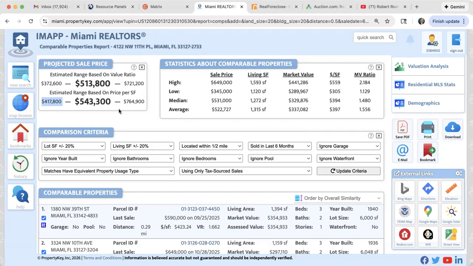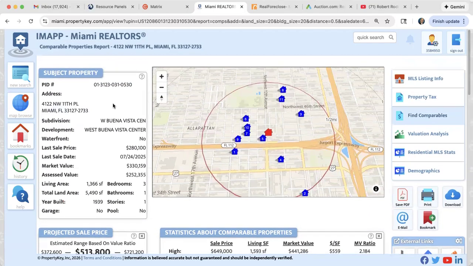So do not be surprised by an average of 543 for a home, even in this area. This area is very close to Wynwood, to the Design District, Edgewater. It's an up and coming area, definitely a good investment.